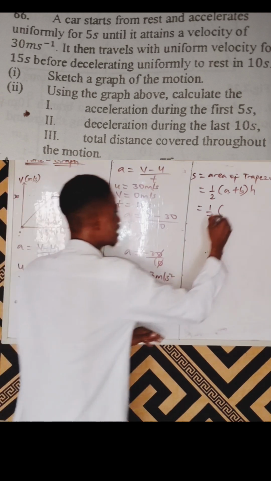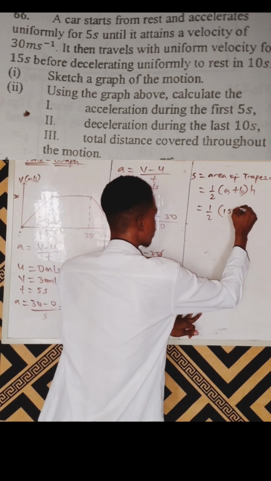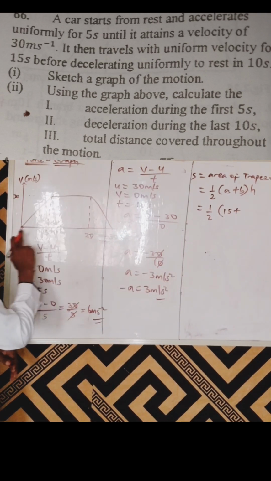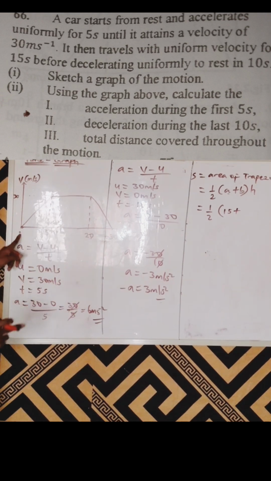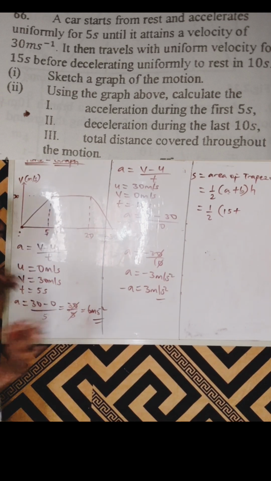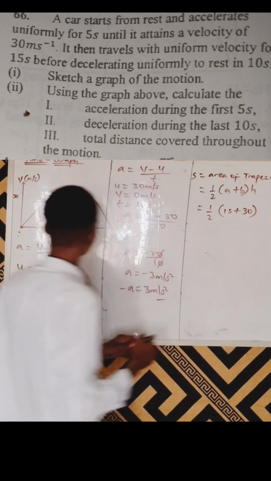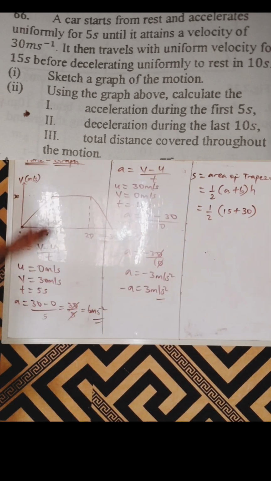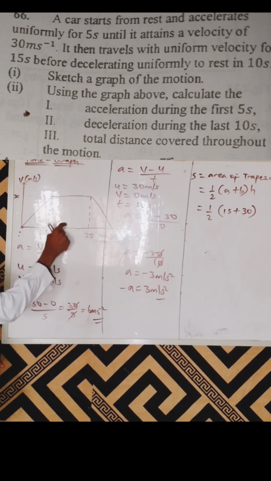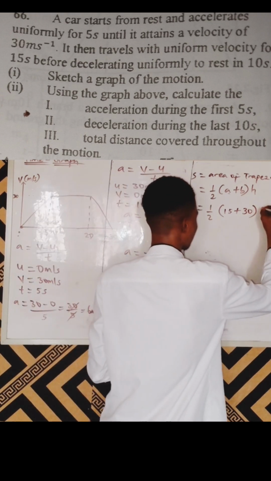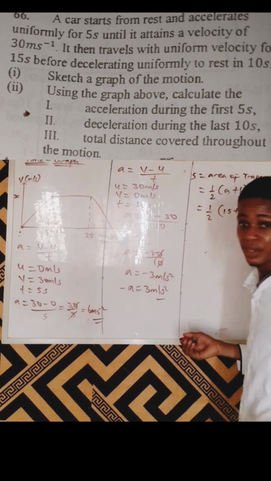So A is 15, plus B, the lower length, which from here to here is 30. H is the height, from here to here, which is 30. So that would be times 30. It's very simple actually.